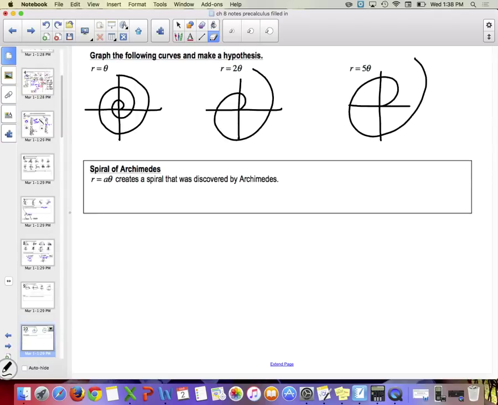All right, and then the final thing is the spiral of Archimedes. You guys all know Archimedes, right? You know any fun stories about Archimedes? He ran naked through the street screaming Eureka, that's right. He was in the bathtub, and the king thought someone was stealing from him and creating crowns that were not made of gold.